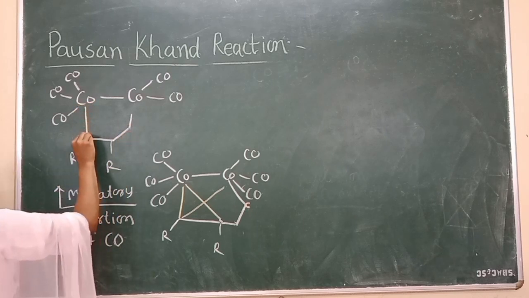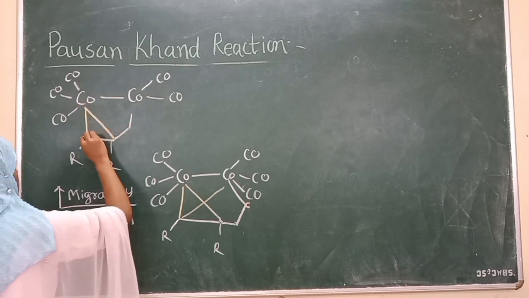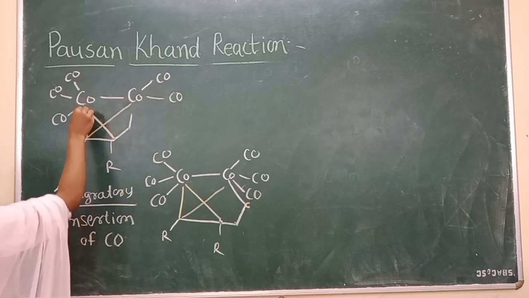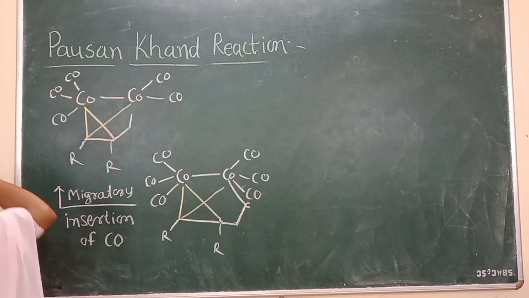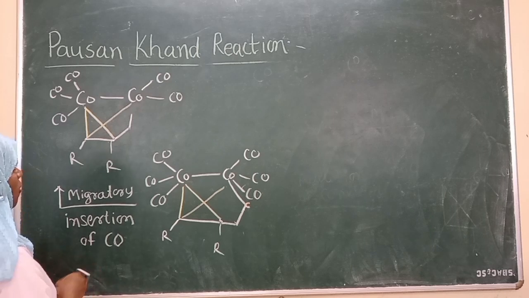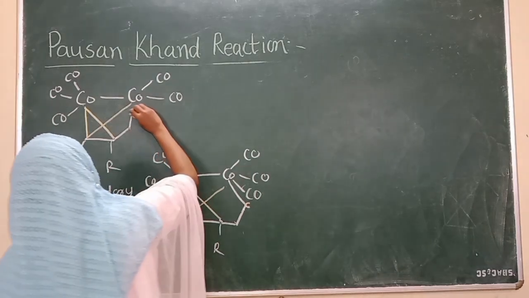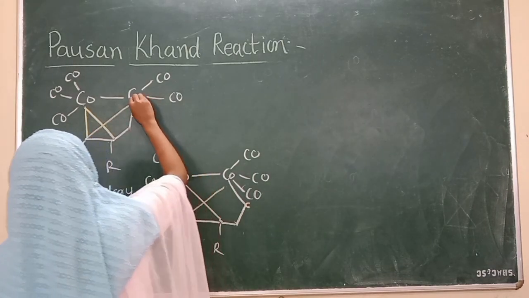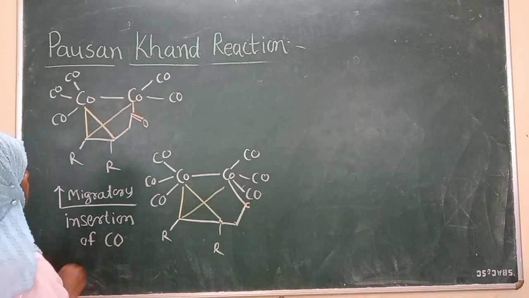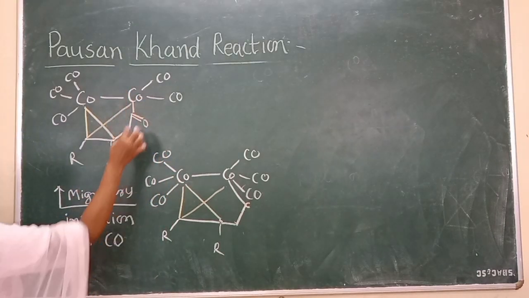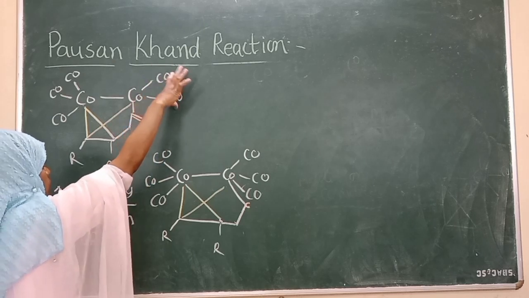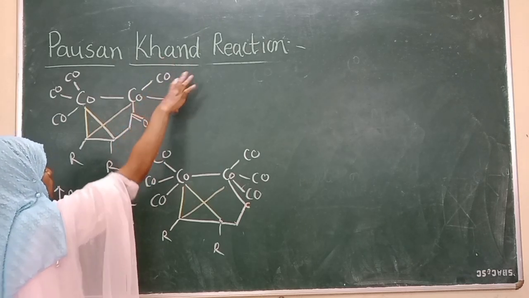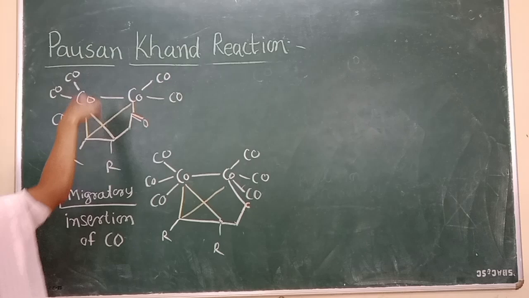Here this carbon is bonded to this cobalt, bonded to the alkyne, our substrate. Now insertion of new carbon. Here migratory insertion of one carbon. Only two carbons will come, or two molecules of CO are combined with cobalt.